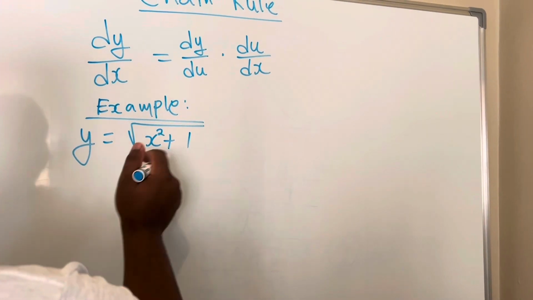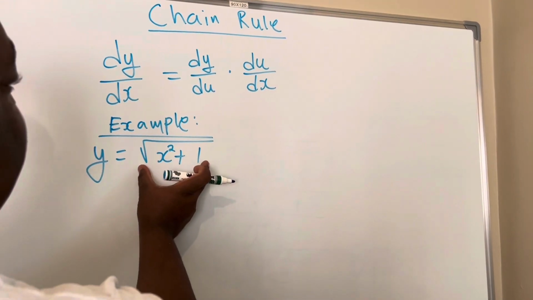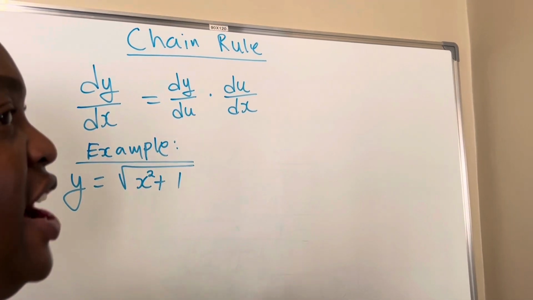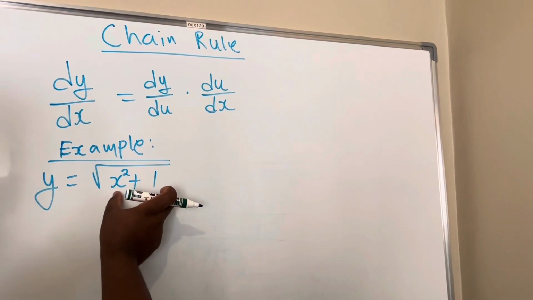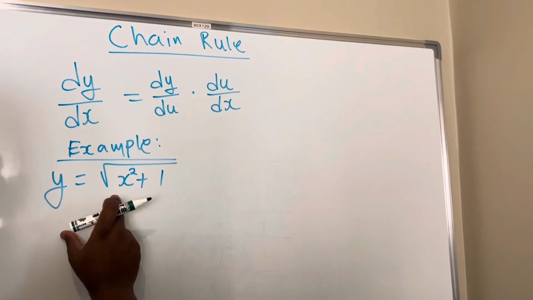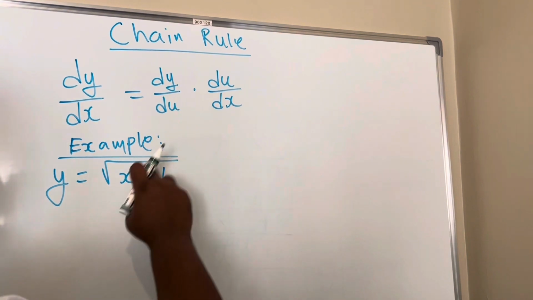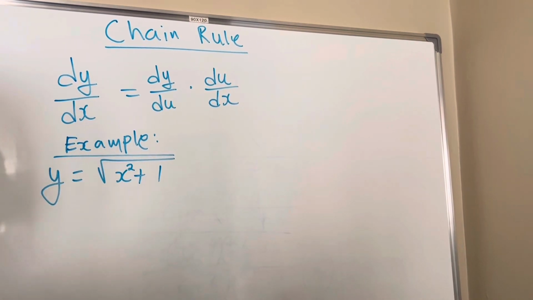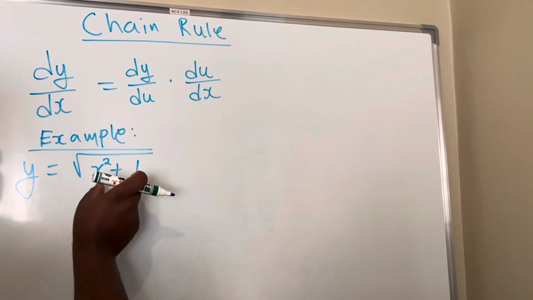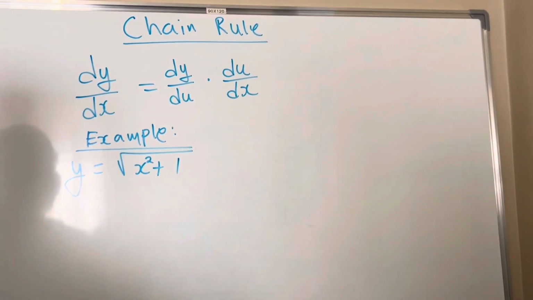We must change this expression underneath the square root into a function of u such that we can differentiate that function and then find the derivative of the square root of u. We know that will be easy to differentiate using the direct derivative, different to if you were to deal with it as a function.